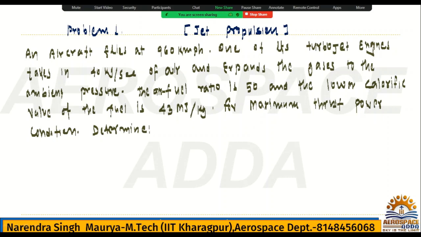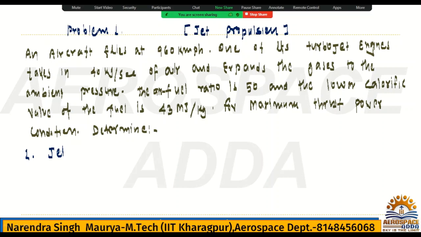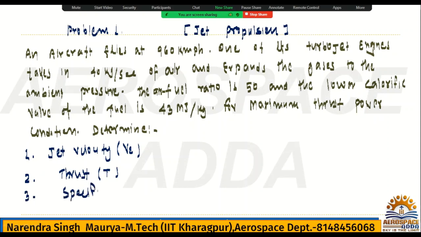number 1, jet velocity, meaning VE. Number 2, thrust T. Number 3, specific thrust.